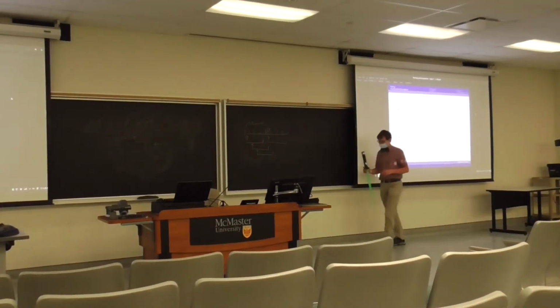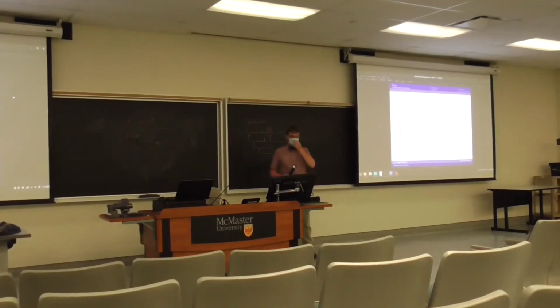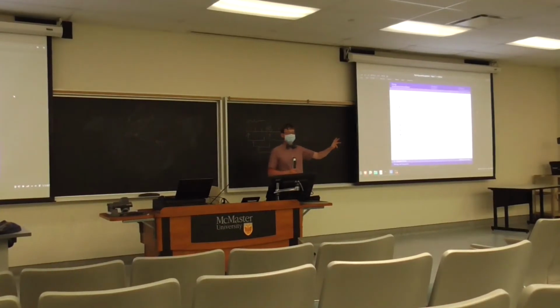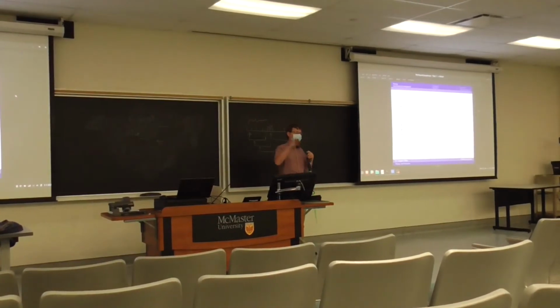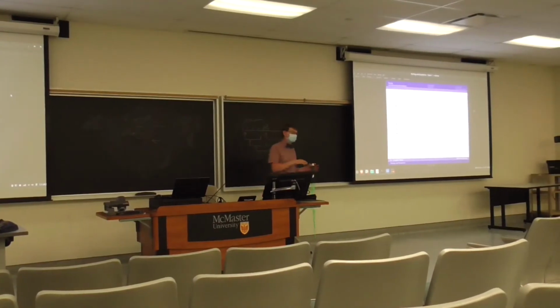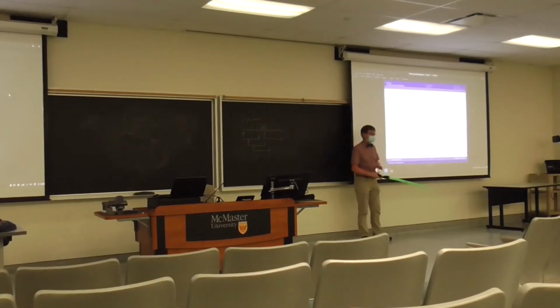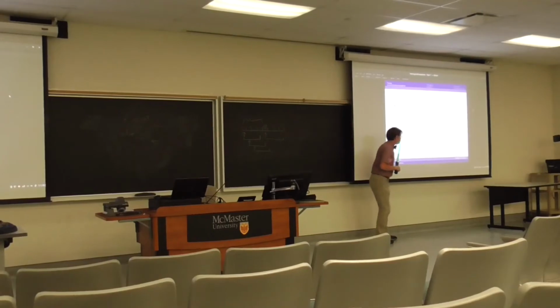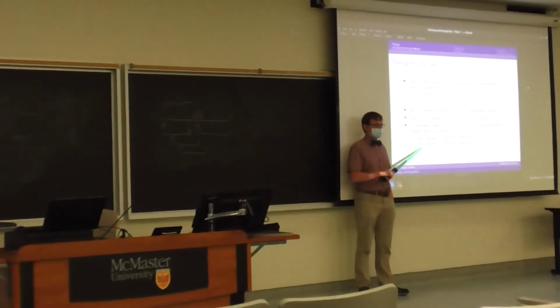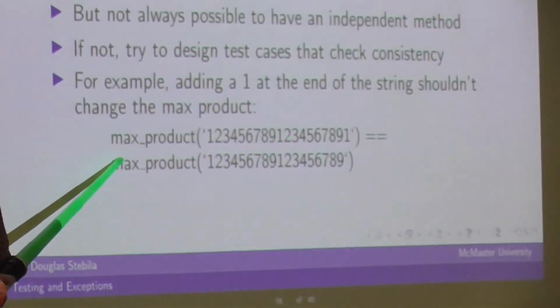In such cases, you can construct test cases which check for the consistency of results between operations of the same algorithm. I'd like you to take a look at this test case here for a moment. Both of these results should be true, right?